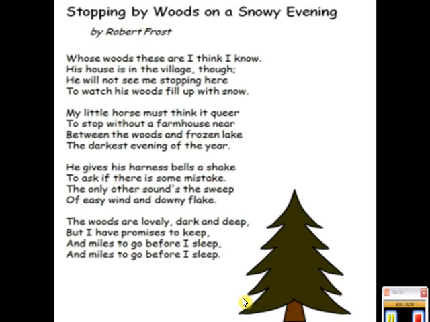Stopping by Woods on a Snowy Evening by Robert Frost. Whose woods these are, I think I know. His house is in the village, though. He will not see me stopping here to watch his woods fill up with snow.